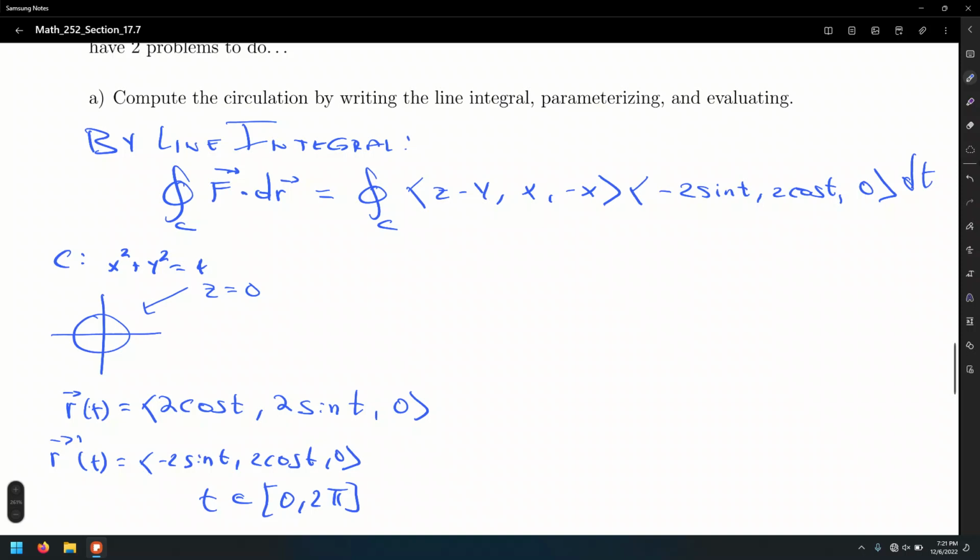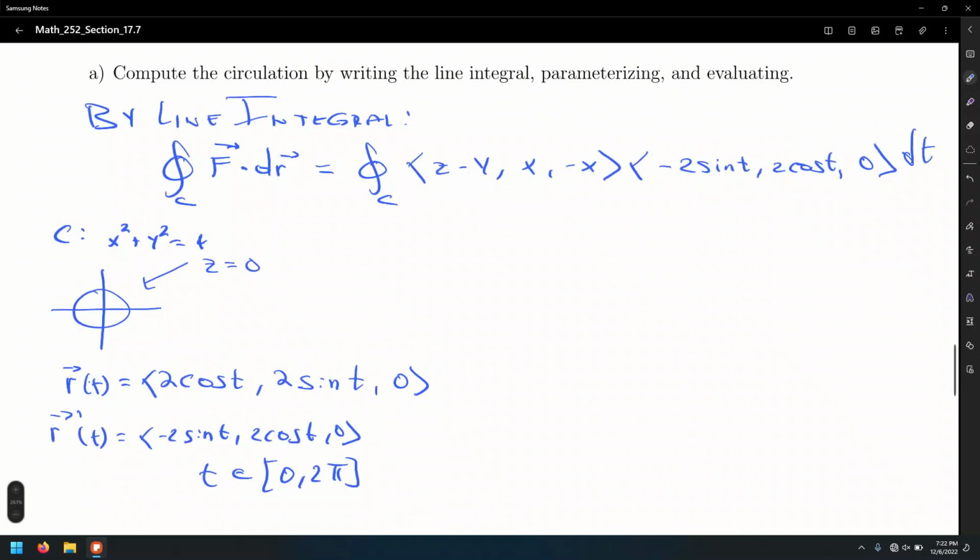So let's see. That's going to be number 1. Careful, because what do we have over here? Remember this z equals 0, so this will be a 0 as well. So that's the integral from 0 to 2 pi of 0 minus 2 sine t.